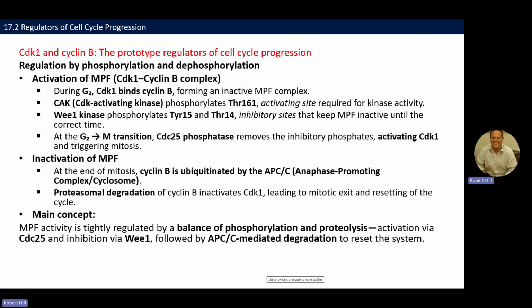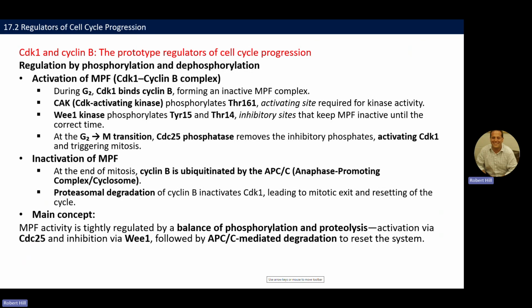All right. There's another kinase called WEE1, which adds inhibitory phosphates to the CDK1. So here we are in G2. We've got our cyclin B and CDK1 complex, and now we're loading it up with phosphates, and we're using two enzymes to do it. One is going to add inhibitory phosphates, and that's WEE1, and one is going to add activating phosphates, and that's CAK.